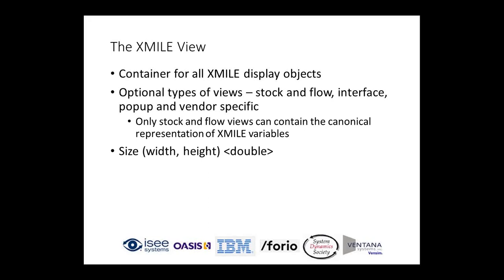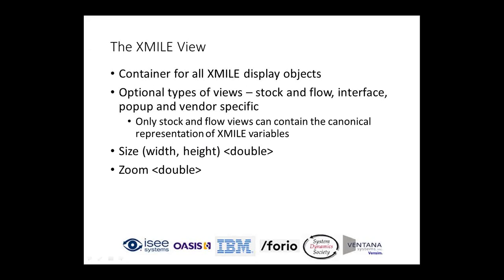Views have sizing. They're rectangles. They've got a width and a height, which are stored as a double. You'll see this notation that I use commonly, this angle bracket, for describing the type of data that we're storing. A double is a double precision floating point number. Zoom is also stored as a double. So think about it.